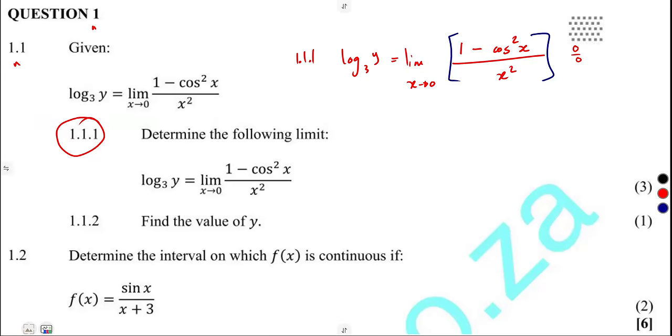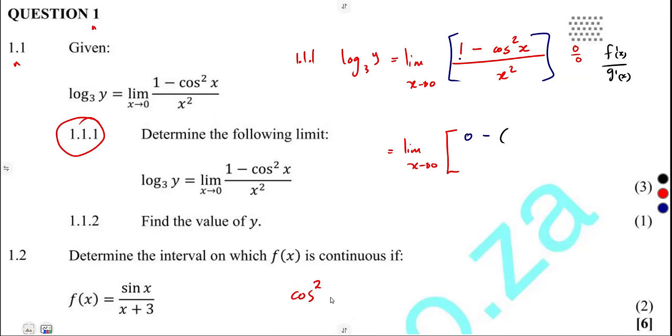We are supposed to find the derivative of both the numerator and the denominator, given your f of x and your g of x. So that's the limit as x approaches 0. If we differentiate, 1 is going to give us a 0 minus the derivative of cos squared.